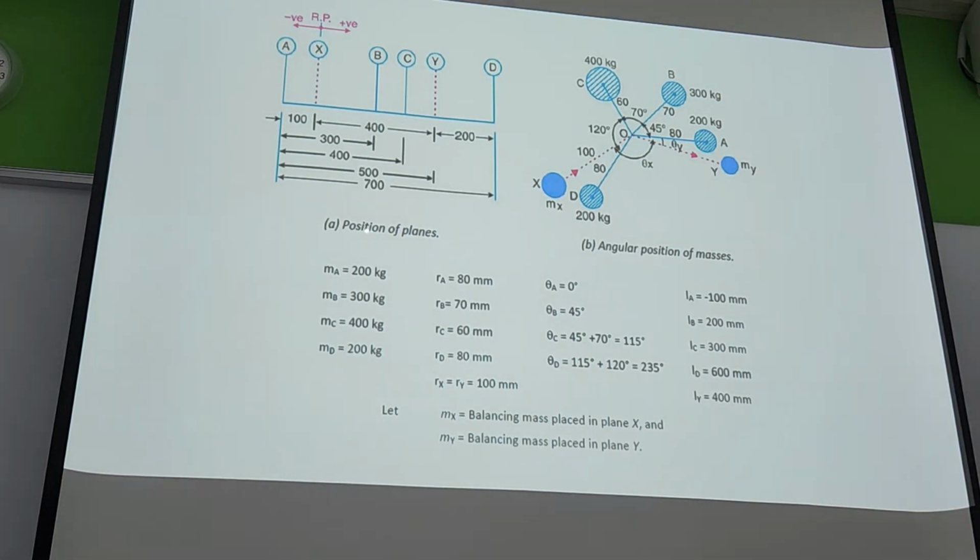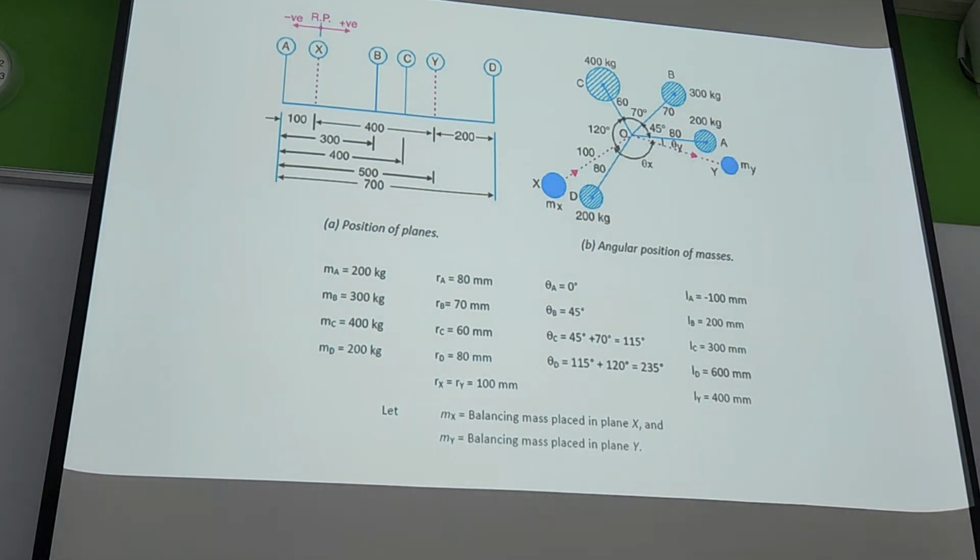So now you list out MA, MB, MC, MD given. RA, RB, RC, RD given. Theta A, theta B, theta C, theta D given. LA, LB, LC, LD, LY is given also, RX and RY given.